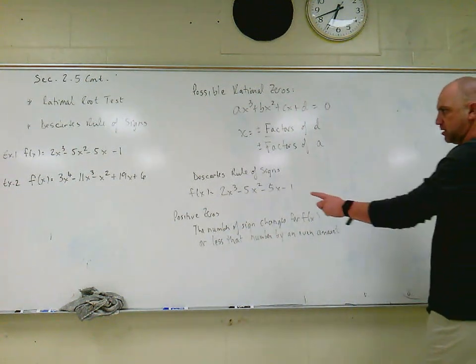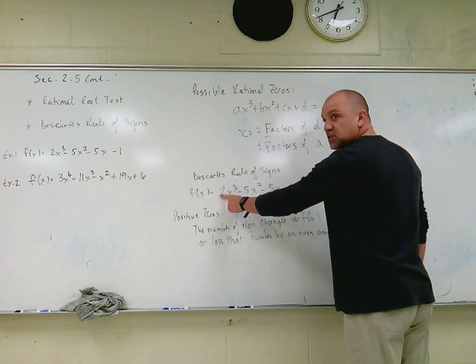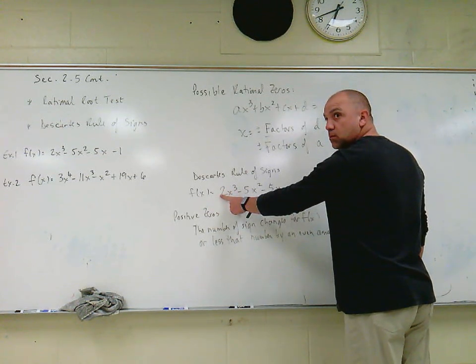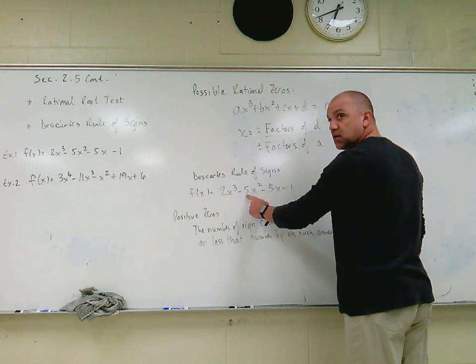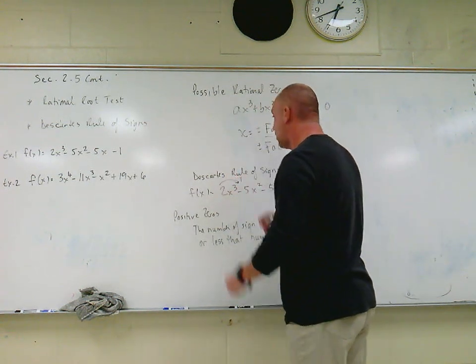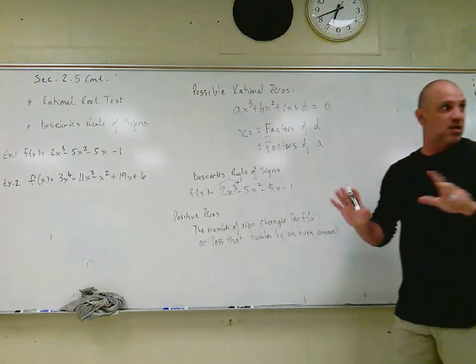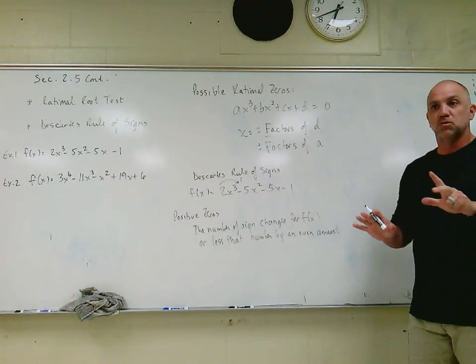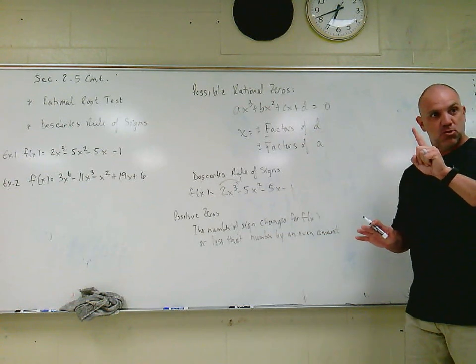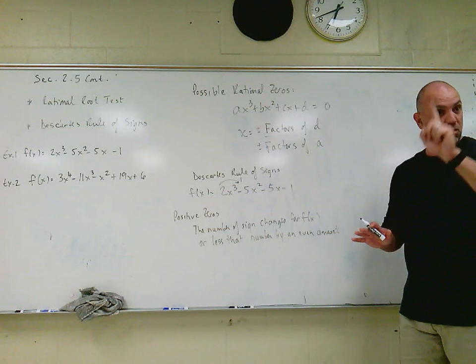So just look at this polynomial for example 1. What's the sign of the first number? Positive. What's the sign of the second number? Negative. So this is one sign change, because it went from positive to negative. But since it stays negative, the sign doesn't change anymore. So since there's one sign change for f of x, that means there's one possible zero.